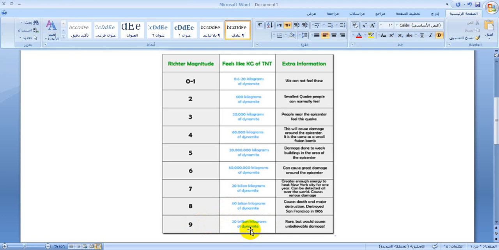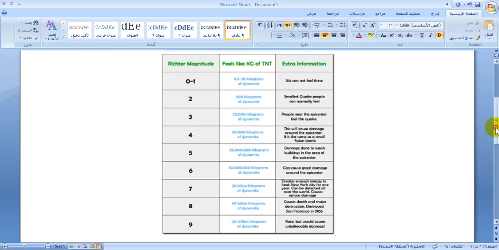So the Richter magnitude tells us the magnitude of earthquake. The magnitude of earthquake can be expressed using this scale, and it also talks about the mass of TNT in kilograms.